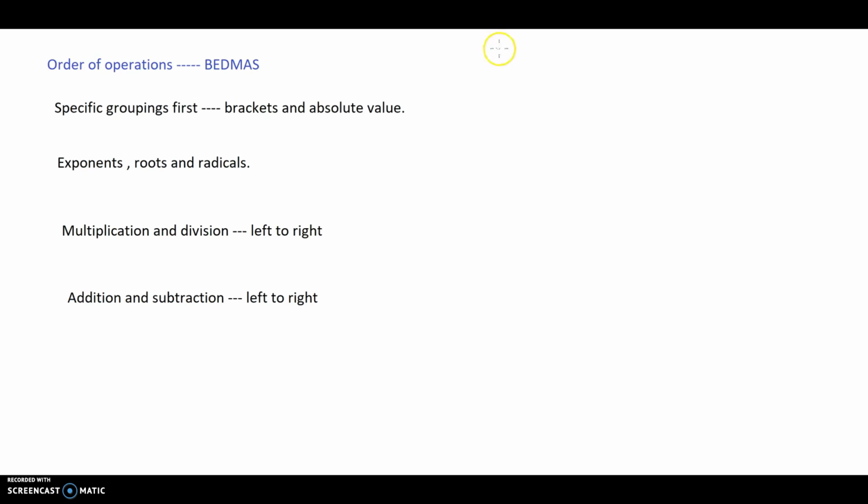So how about negative 20 over 4 plus 2 subtract 4 times negative 2. All right, we have a number of different operations going on here. We don't have any brackets, and we don't have any exponents or roots or radicals, so we don't have to worry about those first.